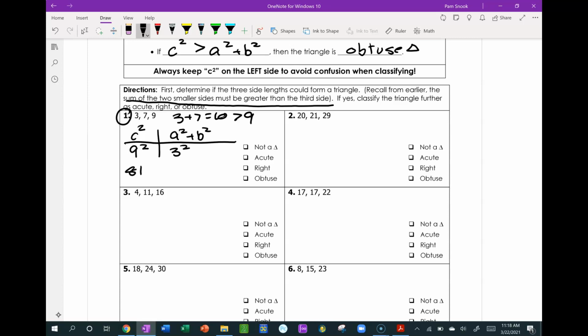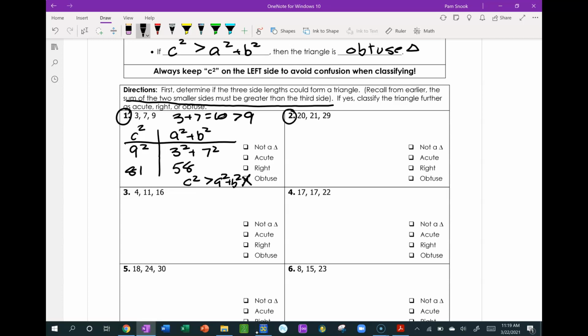A squared is 3 squared plus b squared is 7 squared. So when I do 3 squared plus 7 squared, I got 58. So my c squared 81 is bigger than 58. So that means I have an obtuse triangle. Okay? Because my c squared is bigger.